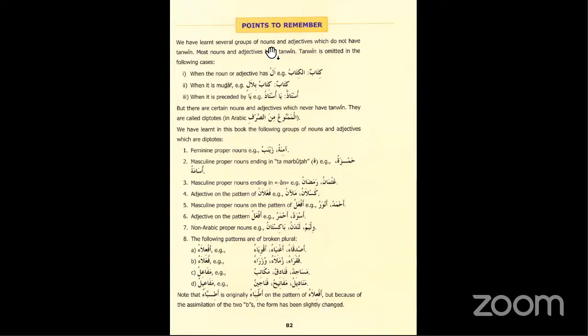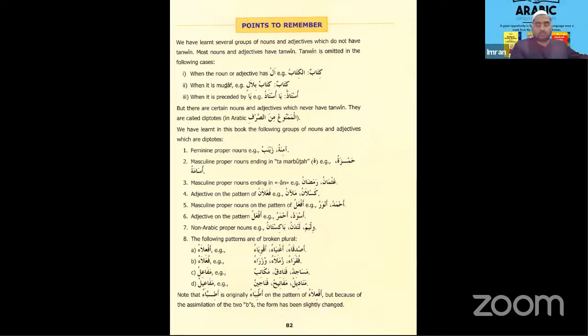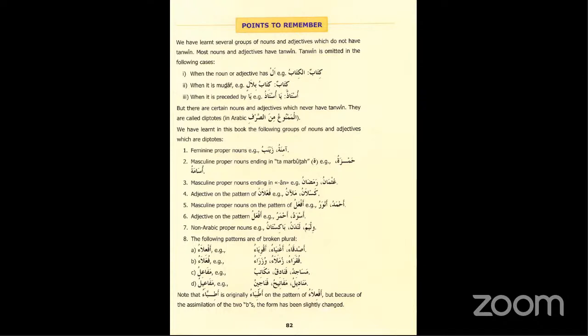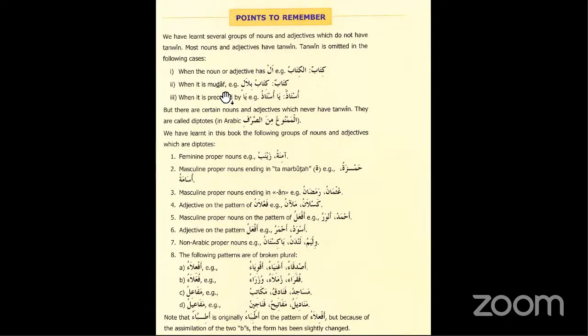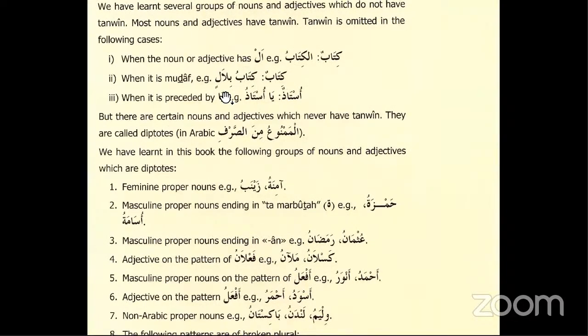Kitabun is one book, but when it becomes Bilal's book, it becomes kitabu bilalin, mudaf and mudaf ilayhi. And number 3 is when it is preceded by ya. For example, ustadun will become ya ustadu. So when someone is being addressed, the tanween will go away.